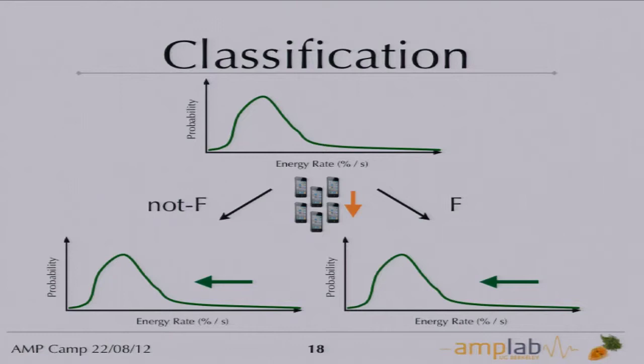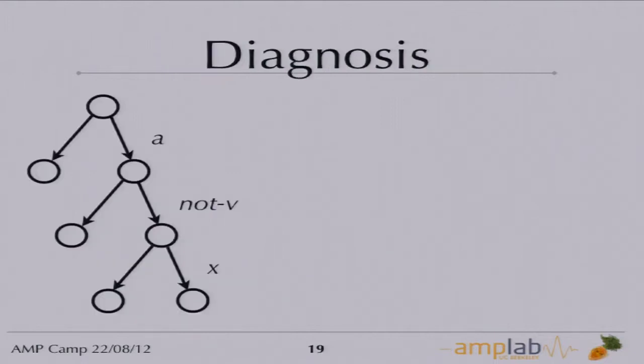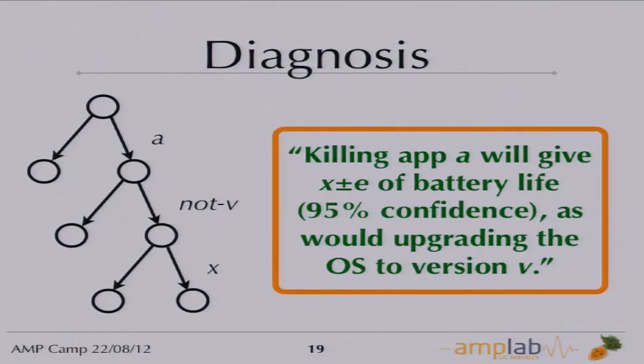You can do these splits on a variety of features, and you build up essentially a diagnosis tree. What this allows us to do, and again, we haven't rolled this out to the client apps yet, but we have the capability of giving a more fine-grained diagnosis than just saying, if you kill Pandora, you'll get this many minutes more battery life. We can also say things like, if you kill some app A, then you'll get X plus or minus E of battery life with 95% confidence.